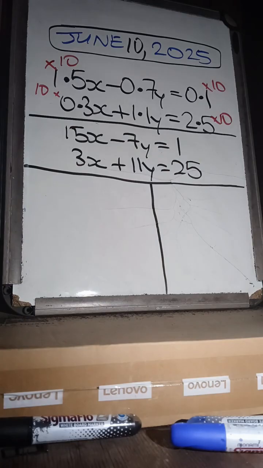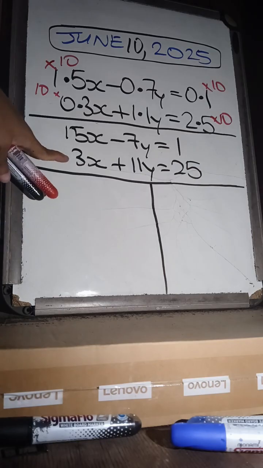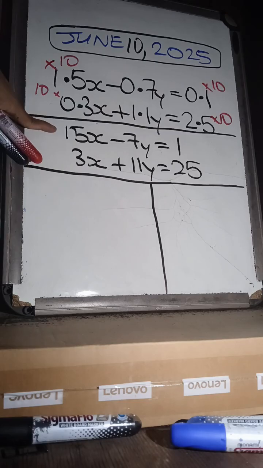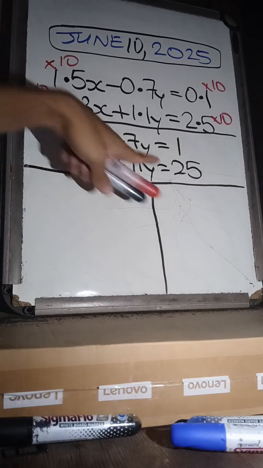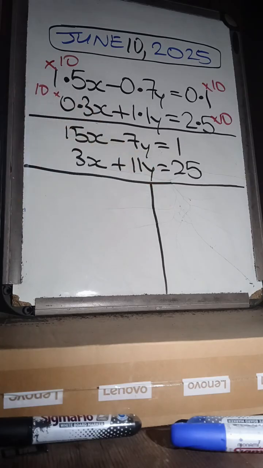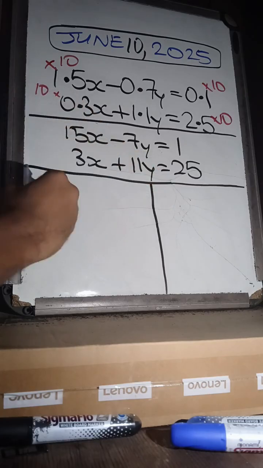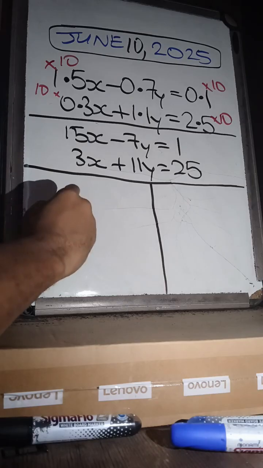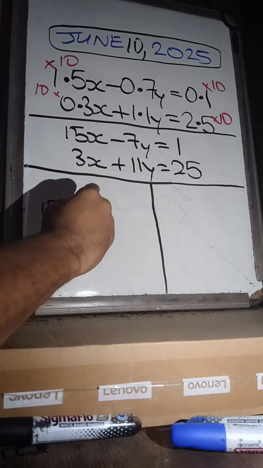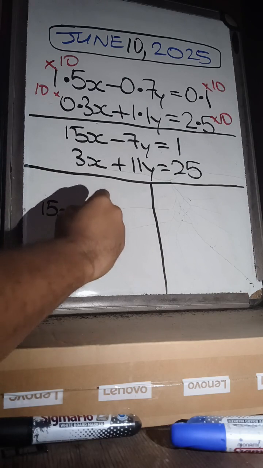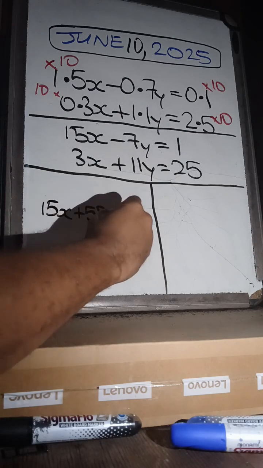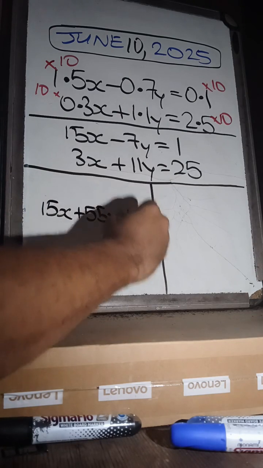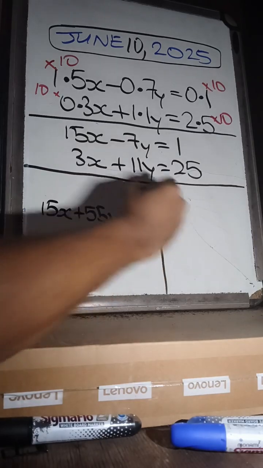So if I multiply everything down here by 5, I can leave everything up here. So if I multiply this by 5, this by 5, this by 5, what I would have is a 15x plus a 55y equal 125.